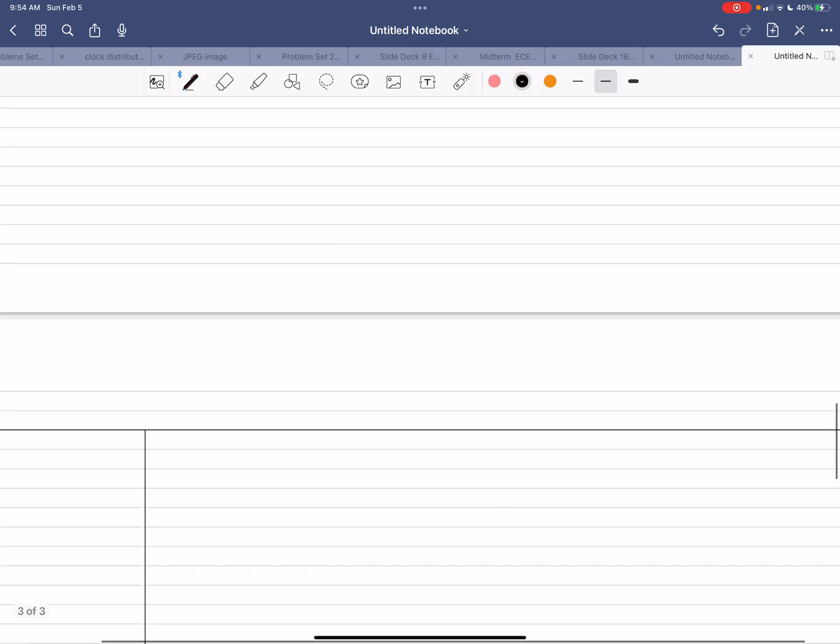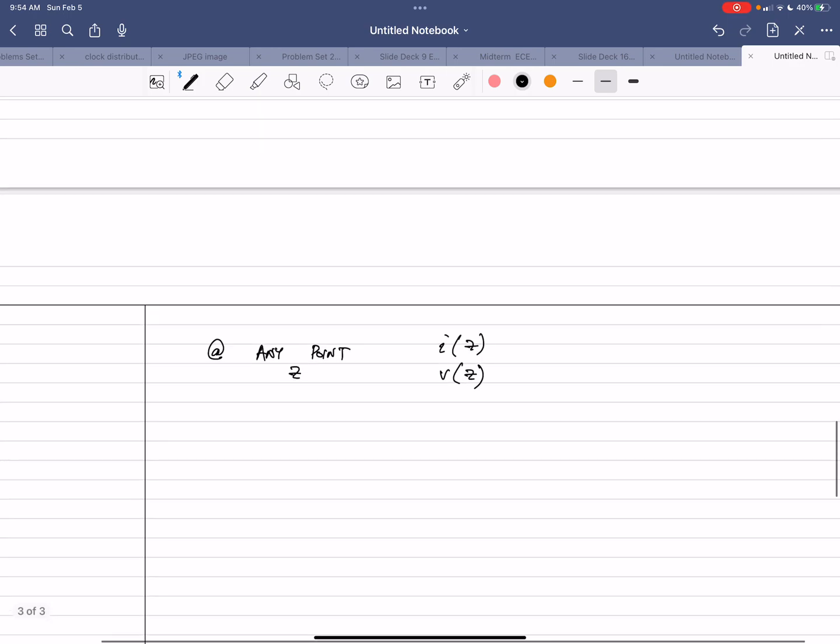Okay, so at any point Z, we'll have a current I of Z and a voltage V of Z. And at Z plus delta Z away from that point, we'll have I at Z plus delta Z and a voltage V at Z plus delta Z. It's just currents and voltages at these points. So in a general case, we can extend this description to the whole line.